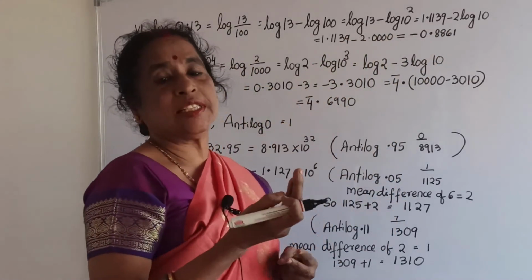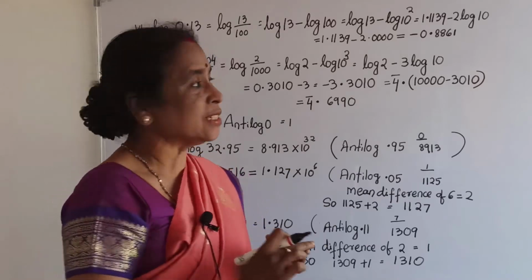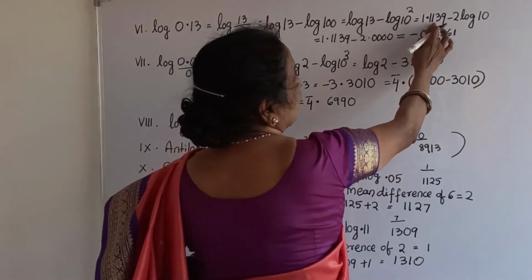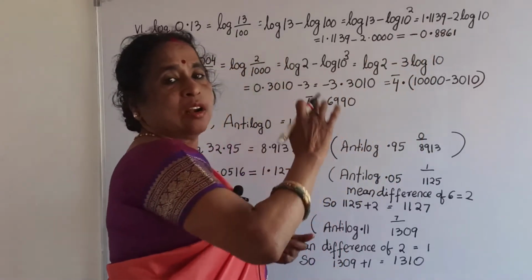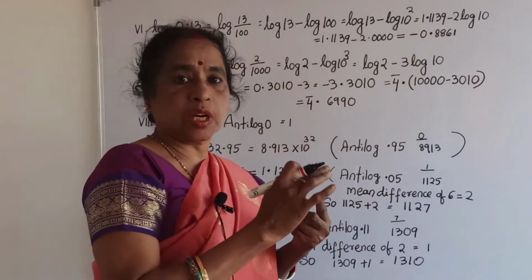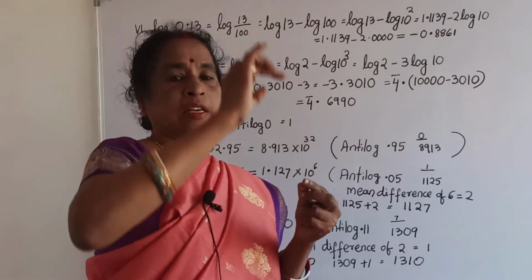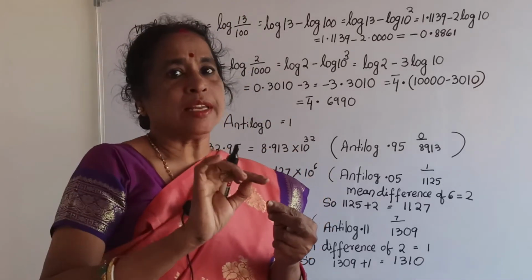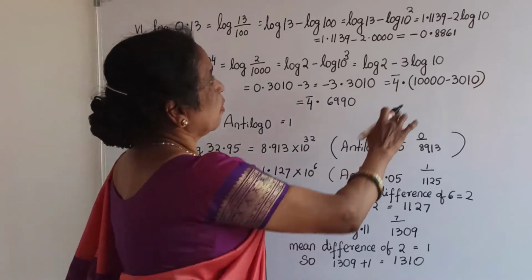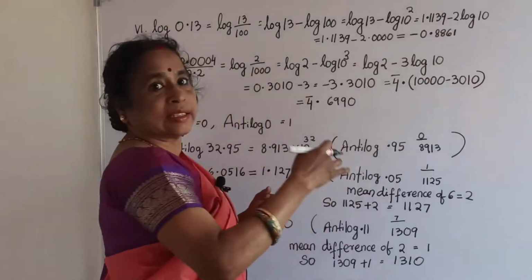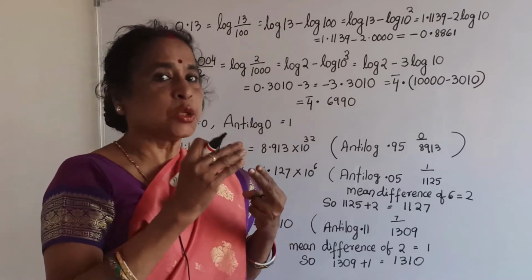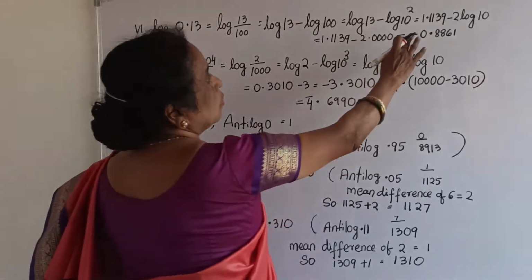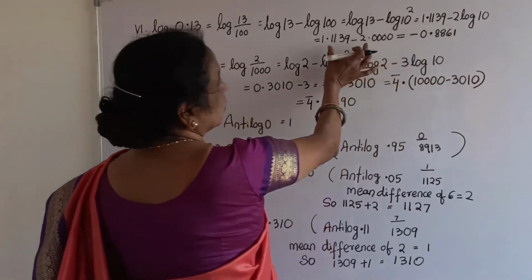Since there are two digits 1 3, that is why 2 minus 1, 1.1139. So you have to calculate here.